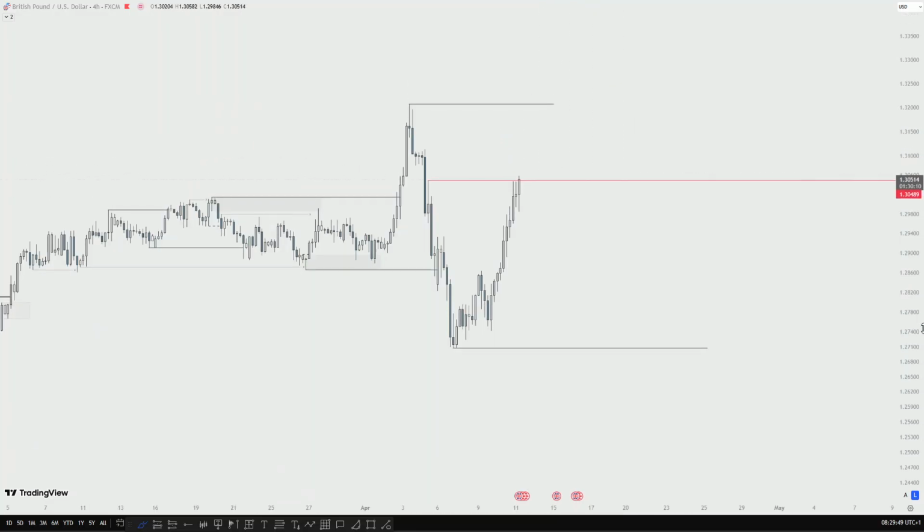For now, we have been having a corrective pullback, and we can see strong bullish momentum kicking in right now.